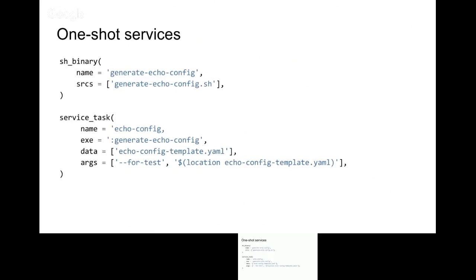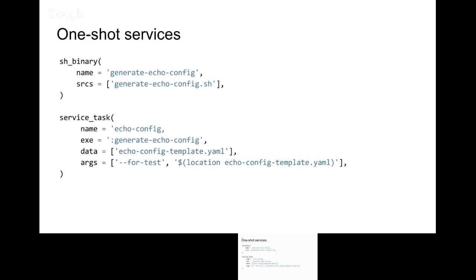Another thing that we have, which is kind of a variant of services, is just one-shot services, or what we call service tasks. So it's very common in the setup of a test that you just need to execute some script to create some part of the test environment, like add fixtures to a database or run migrations of some sort.